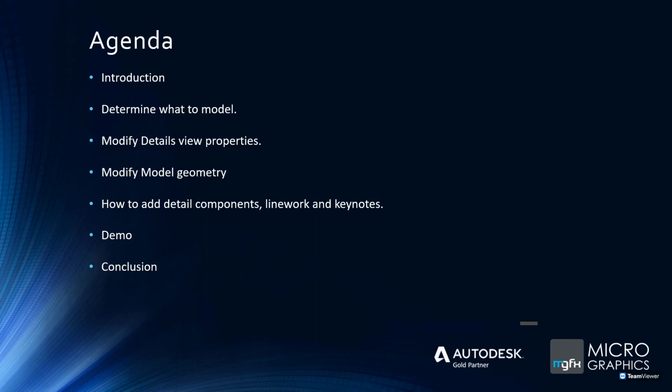There's a concept called hybrid detailing using the 3D models as well, but we'll talk about that. And then we'll look at some of the detail components, line work and keynotes that is inside Revit that you can use to detail with.